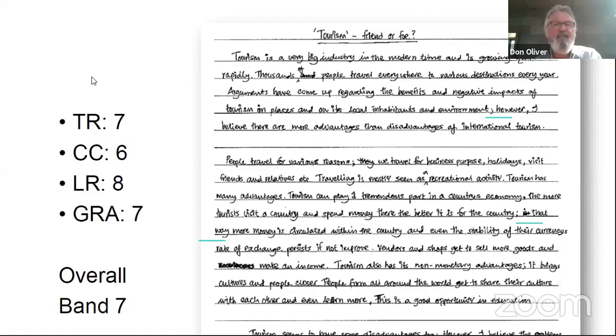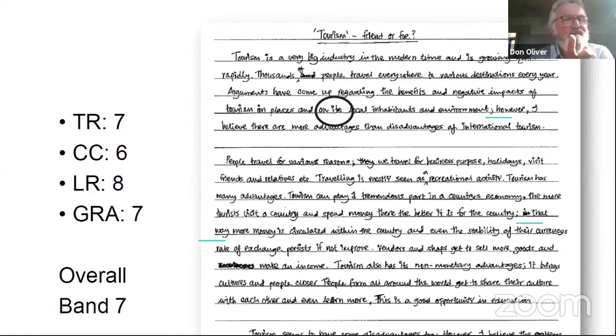And then they make a few errors which prevent them from getting the score that they need in coherence and cohesion. Do you see here? They say, arguments have come up regarding the benefits and negative impacts of tourism on places and on its local inhabitants. Now, why is this a problem?